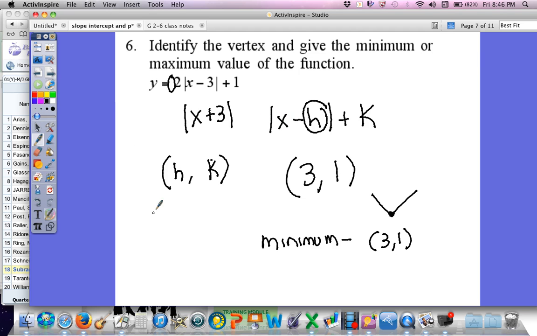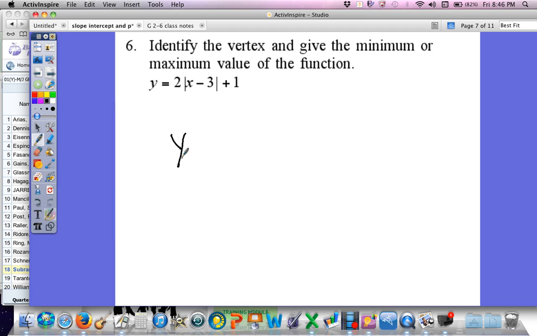Yes, absolute value equations are really that easy if you understand this parent function, absolute value of x minus h plus k. So just to give you another example real quick, let's say you were doing y equals, I'm just making something up here, negative 4 times the absolute value of x plus 5, minus 2. Since the parent function is x minus h, and this is positive, it'd be negative 5.